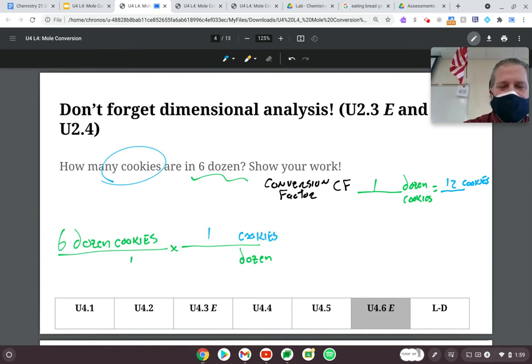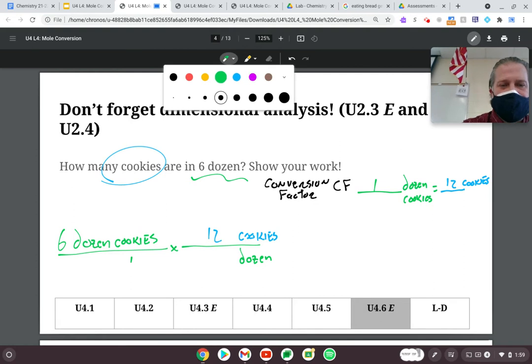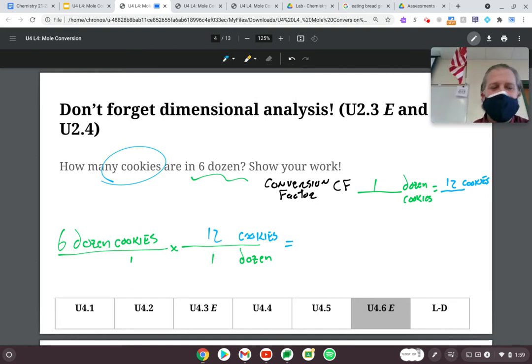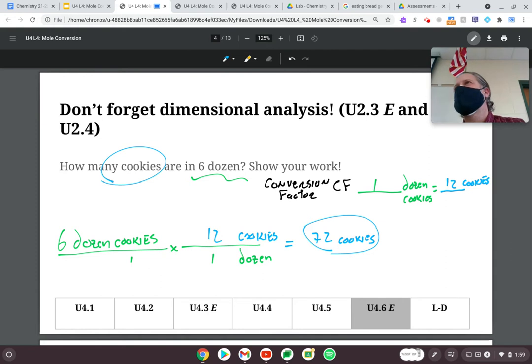Then you'd fill in the value, so 12 cookies is the same as 1 dozen. And then you'd multiply straight across, and 6 times 12 is 72. Carry the 1. 72 cookies are in 6 dozen.